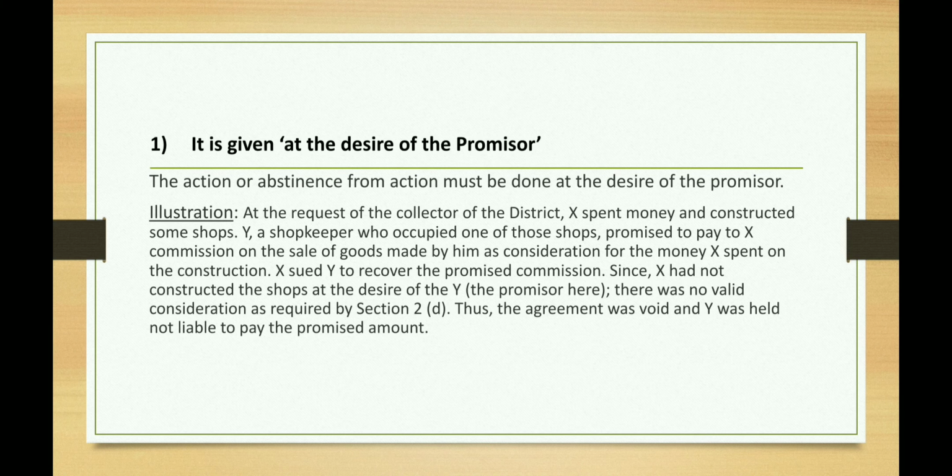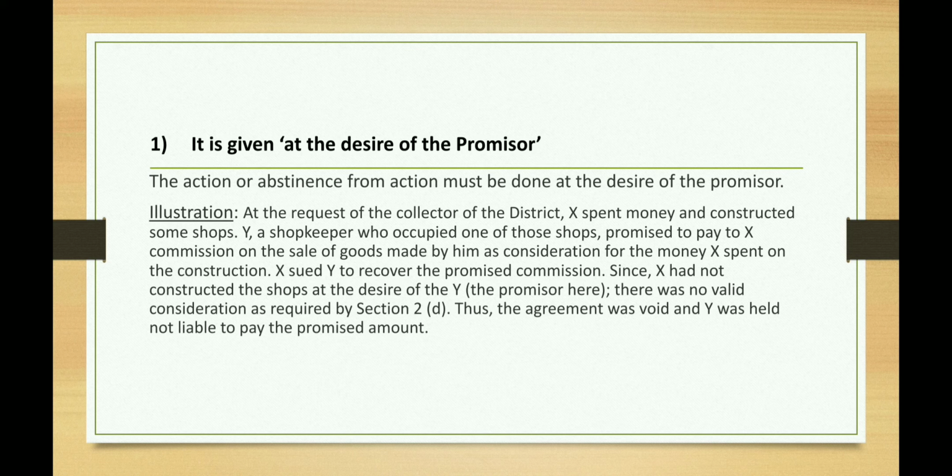The consideration has to be done at the instance of the promisor or the promisee will not be able to enforce the same. For example, at the request of the collector of the district, X spent money and constructed some shops. Y, a shopkeeper who occupied one of those shops, promised to pay X commission on the sale of goods made by him as consideration for the money X spent on the construction.